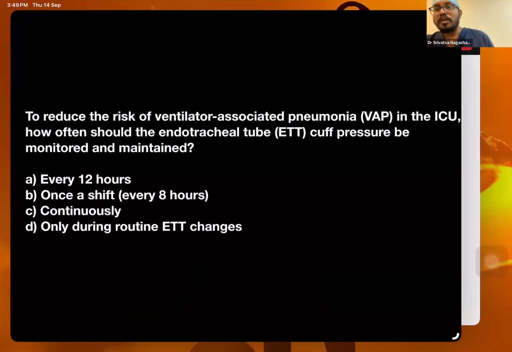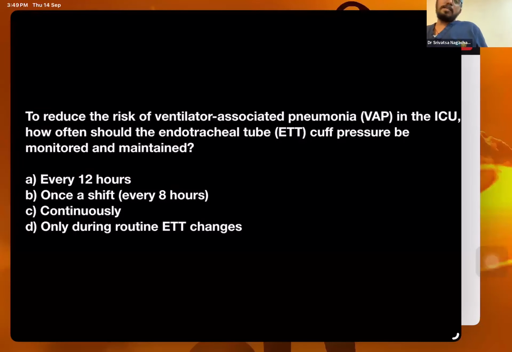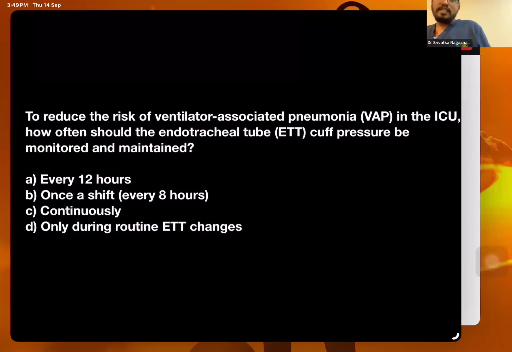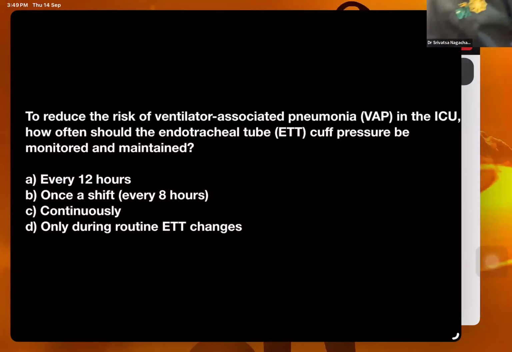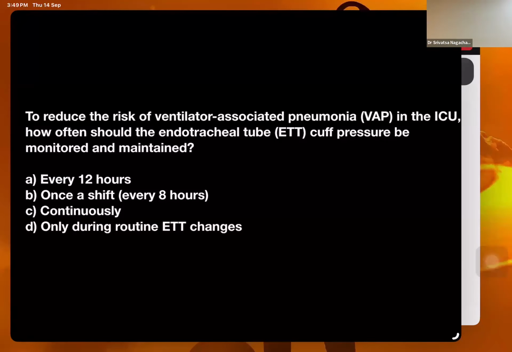Okay, so the next question. To reduce the risk of ventilator associated pneumonia, VAP, in the ICU, how often should the endotracheal tube cuff pressure be monitored and maintained? Option A, every 12 hours. Option B, once a shift. Option C, continuously. Option D, only during the routine endotracheal tube change. Your time starts now.